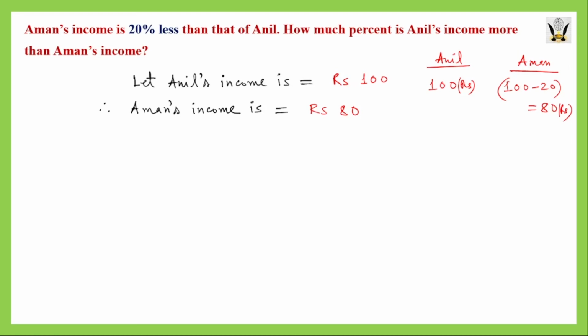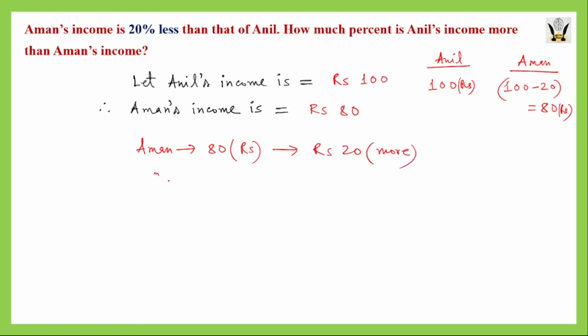So here the base value or reference amount is Aman's income, which is 80, and with respect to that 80 rupees, Anil's income of 100 is 20 rupees more, right?